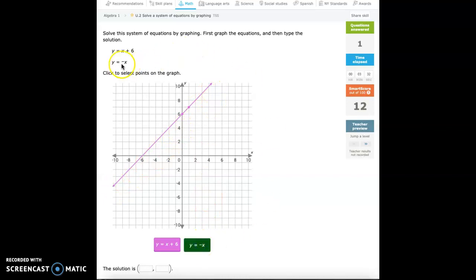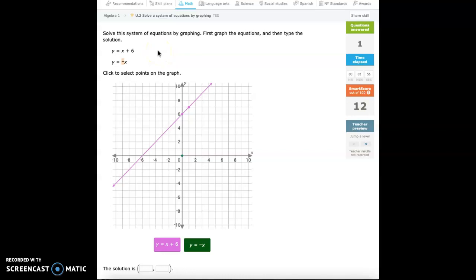My next equation, y equals -x. There is no y-intercept. There's nothing after the x. So that means it's 0 because it doesn't exist. So 0 on the y-axis is at the origin, 0, 0. I see that my slope is a -x, which means a -1 over 1.